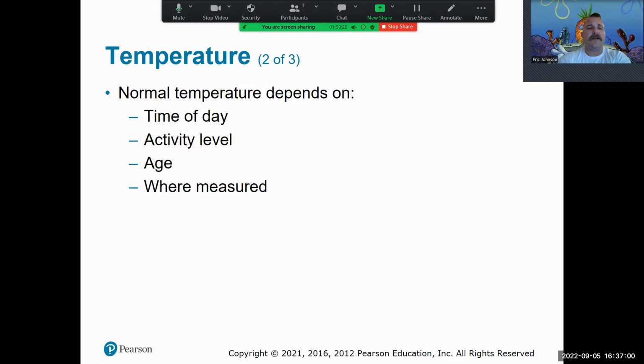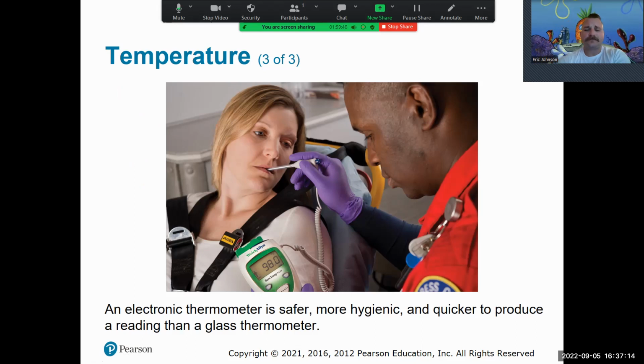Now, a lot of you have been to a doctor's office, and I'm sure that every single one of you, at least once in your life, had a temperature taken where it was a device that went under the tongue, and it looked like this.